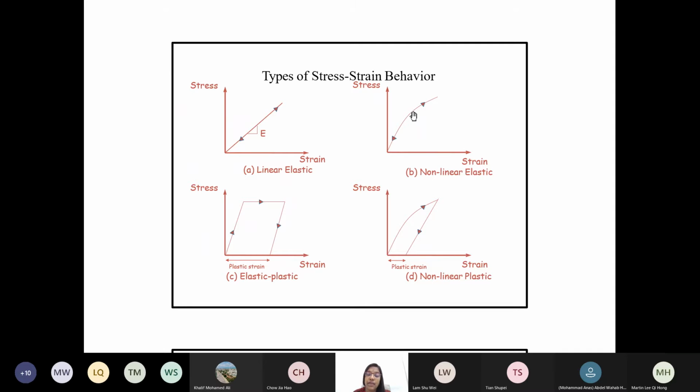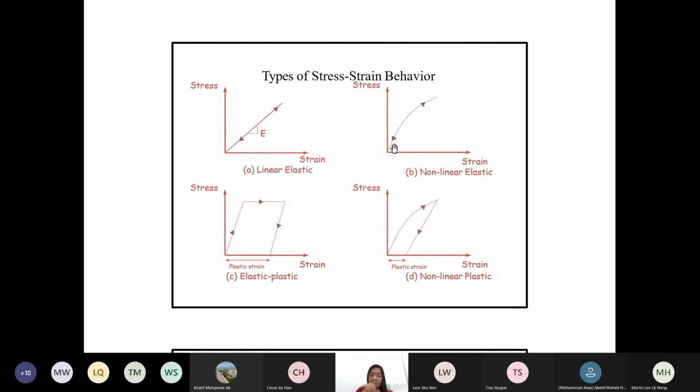The load is very high, the deformation is very low. Which one? Bit harder than steel, right? Whatever is a bit harder than steel, at the same time not very brittle in nature, but in between. What is that material? See here, the proportion is like this, non-linear elastic.